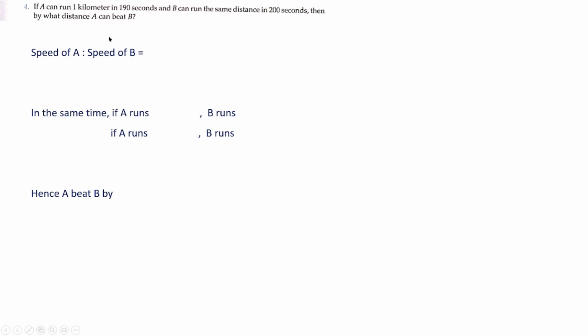So here speed of A is to speed of B, and speed we know is given by distance by time. So speed of A is 1000 meters by 190 seconds is to speed of B is 1000 upon 200.